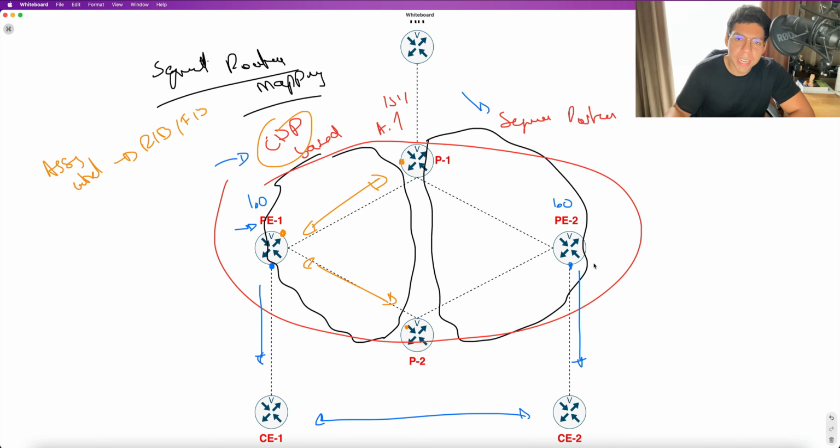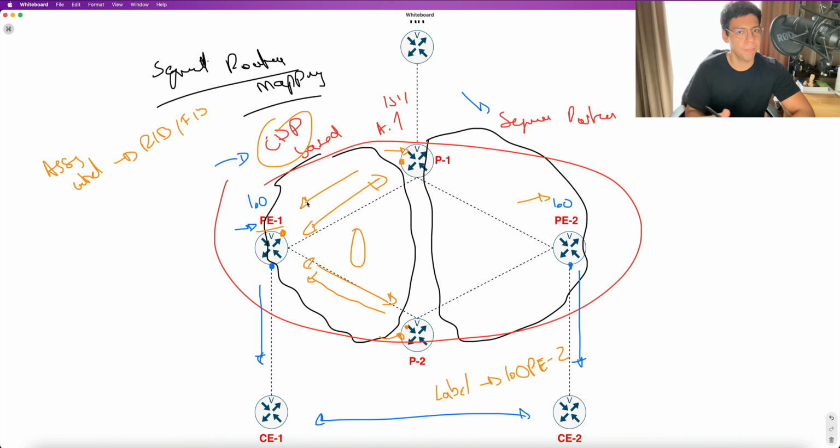Now, we are in the common IGP domain, meaning that P1, by IP, knows the loopback of P2. P1 has in the RIB and FIB the loopback of P2 because they are in the same routing domain. So provider 1 and provider 2, because they speak LDP on this side of the network, assign a label to the loopback 0 of PE2, and they propagate this label to PE1.